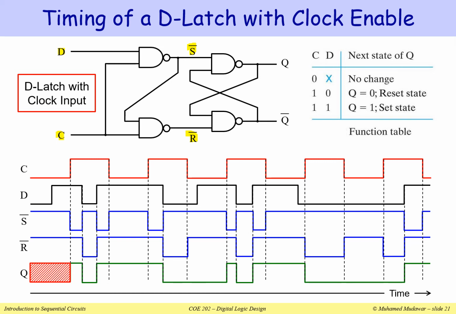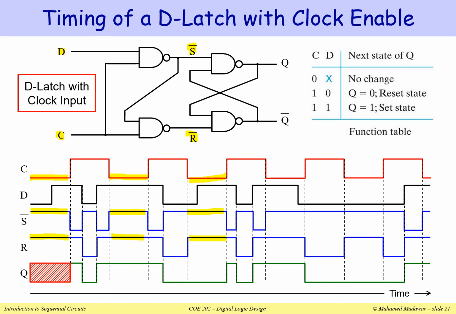Notice that when the C input is low, is 0, S bar and R bar will both be 1 and 1 because we are using NAND gates. You can see that when C is equal to 0, S bar and R bar are always equal to 1 and 1. Same thing here, and so on.